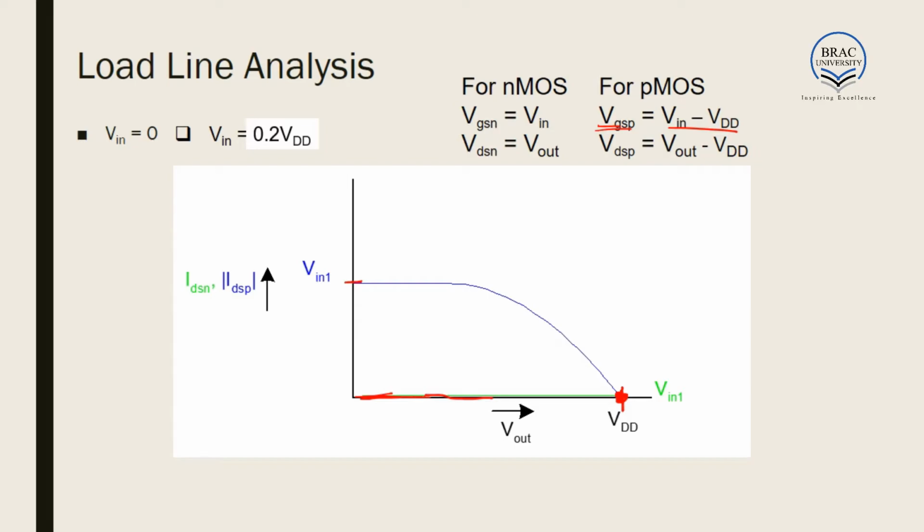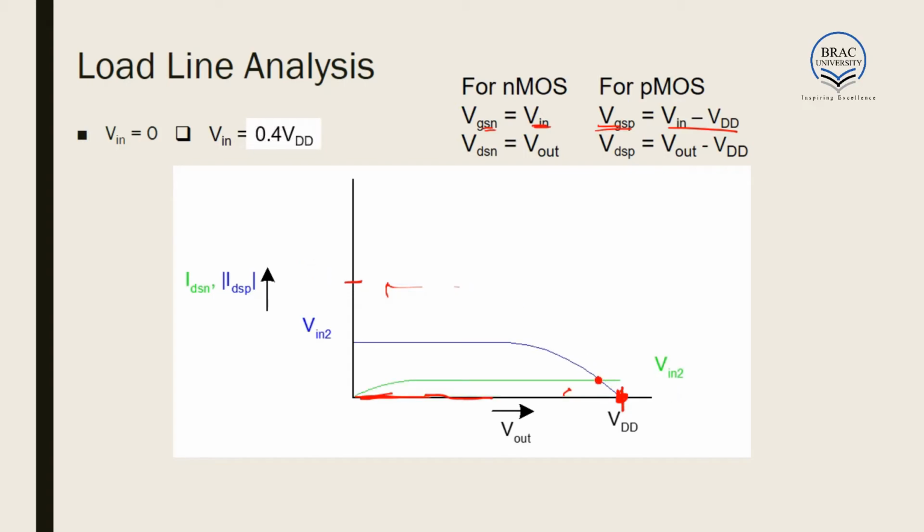And in a similar way, when Vin increases, VGSN gradually increases, and when it becomes equal to or greater than threshold, it starts allowing current to flow through it. As a result we will get very low amount of current in NMOS here and very high amount of current in PMOS, and the output voltage will be a little less than VDD, but it will be very high again.